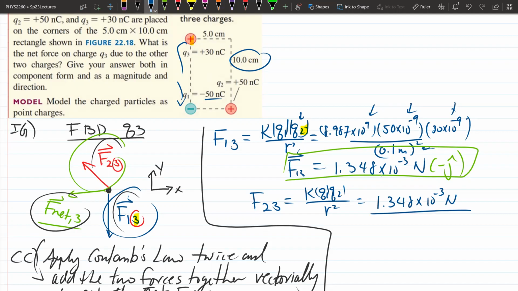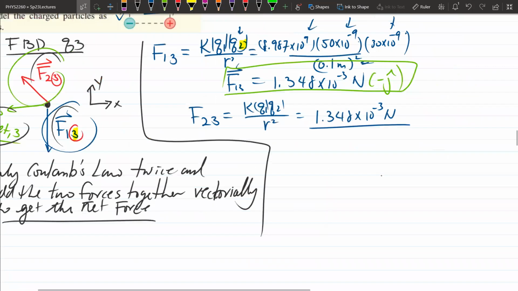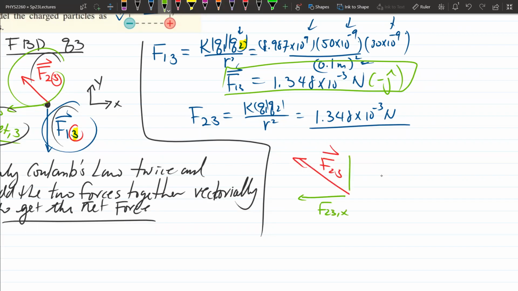So how do we figure that out? How do we figure out the components of this thing? Okay, so I'm going to do this little drawing on the side. We know that this is the vector 2, 3. It's going to have some x component and some y component, right? How do we figure that out?